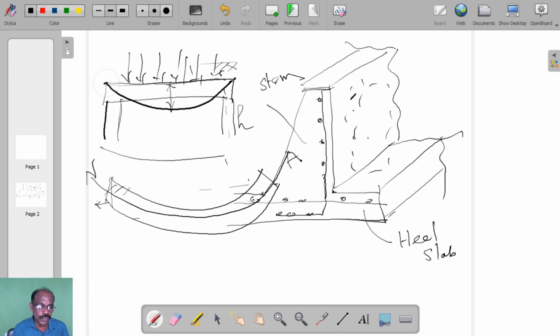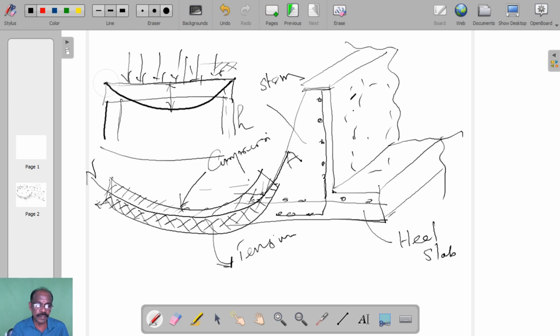Over and above that, the concrete portion is getting some contraction, and below the neutral axis, the portion will get elongated. If it gets elongation, it means the portion will be subjected to tension. If the portion is contracted or compressed, it means the portion will be subjected to compression.